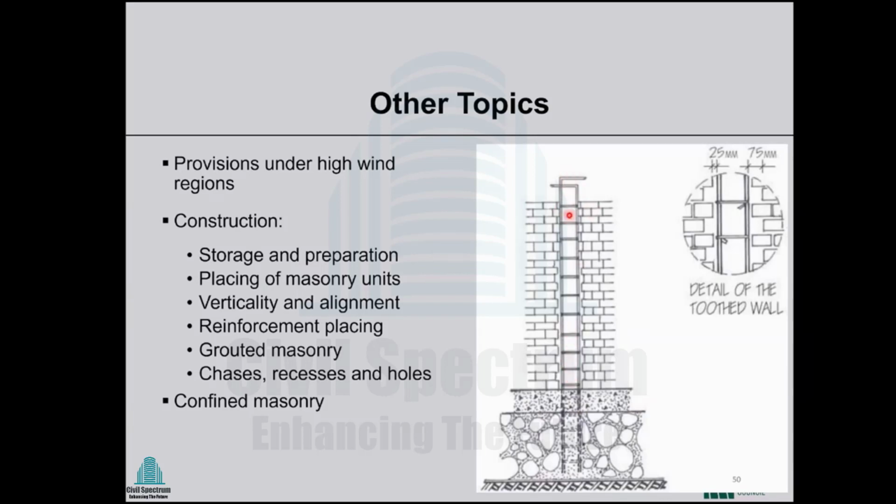This is called confinement. Since we provide confinement in between these brick walls, this is called confined masonry. So the behavior is completely different from a beam column frame. These vertical members provide confinement. They don't actually carry the lateral load. The lateral load is carried by the brick walls. So that is the basic difference.